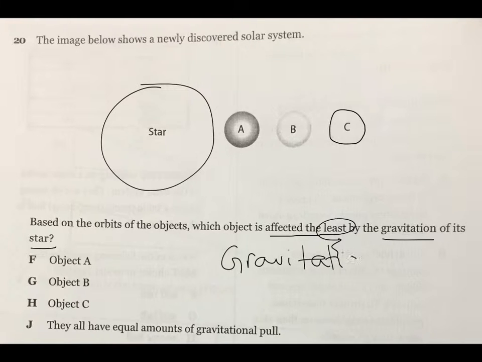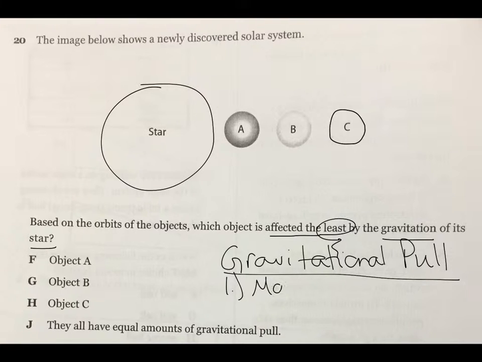So let's write that down. Gravitational pull is caused by two things. What's the first one we talked about? Great job, mass. So the more mass you have, the more gravitational pull you have. What's that second one?